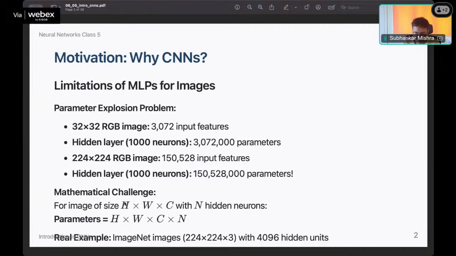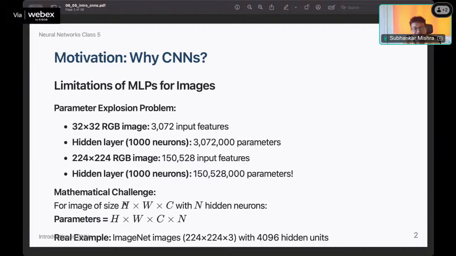It's already too big. Now imagine the images you have are much bigger. Let's go a little bit bigger, a 224 cross 224 image. 224 was your old school Nokia resolution and all that stuff. So this becomes 150,528 input features.